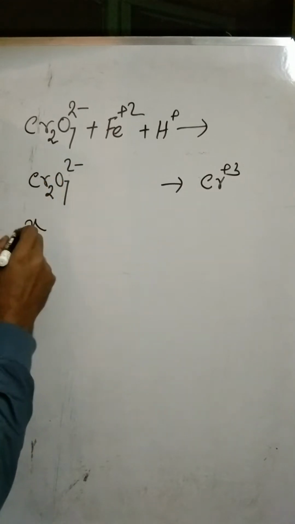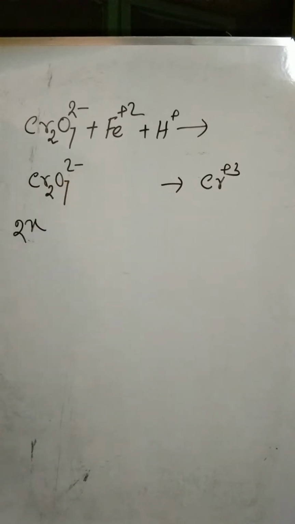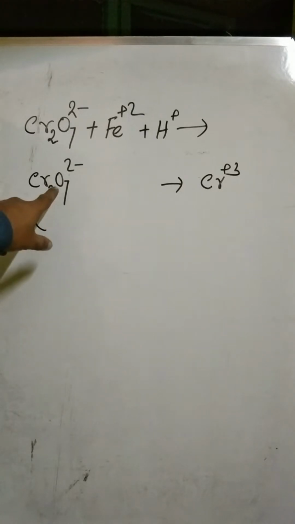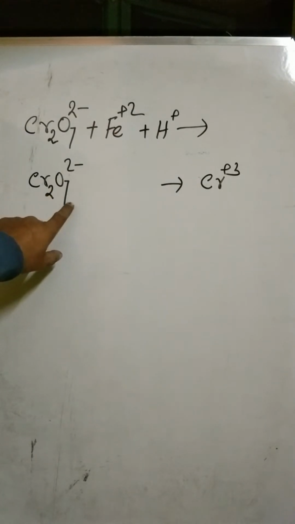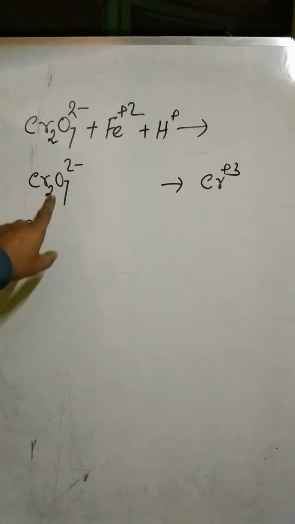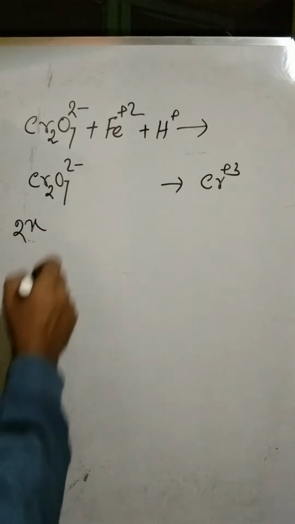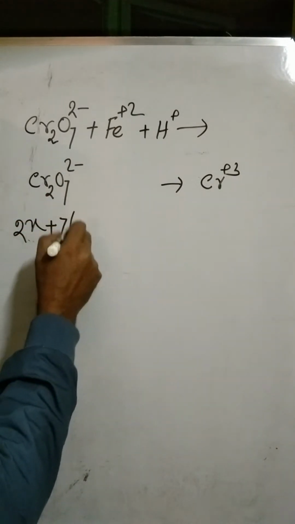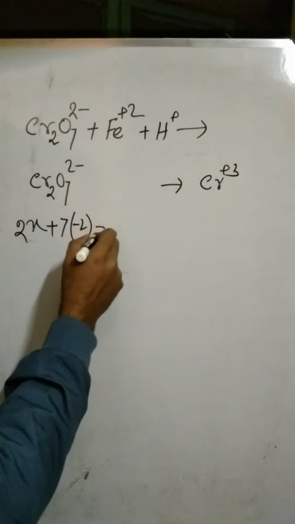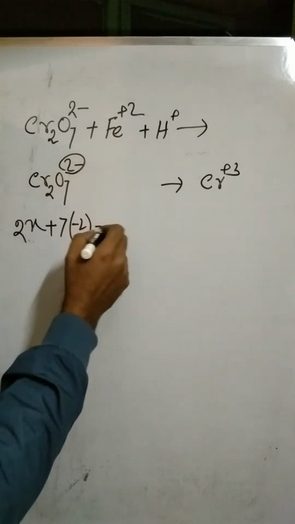For 2 chromium it is 2x. Oxygen has minus 2 charge associated with each oxygen. So for 7 oxygen atoms it must be 7 into minus 2. So 2x plus 7 into minus 2 gives the overall charge, that means minus 2.